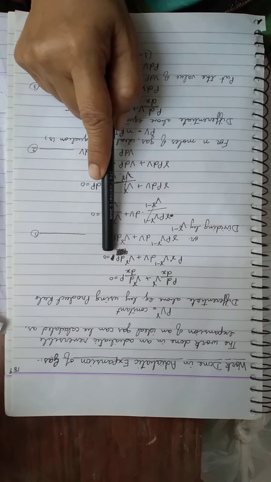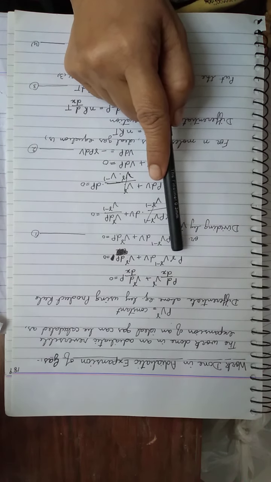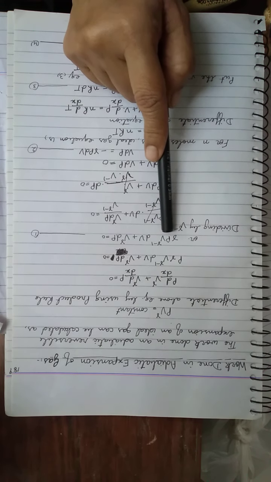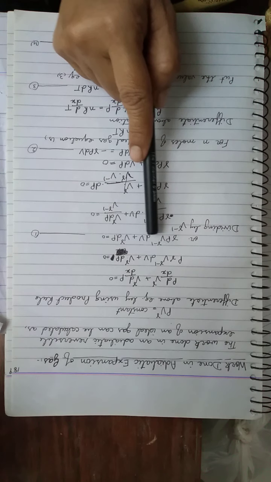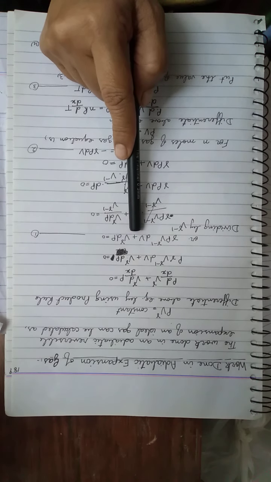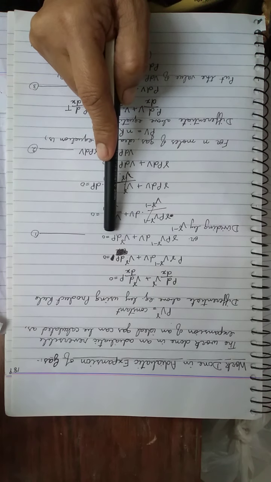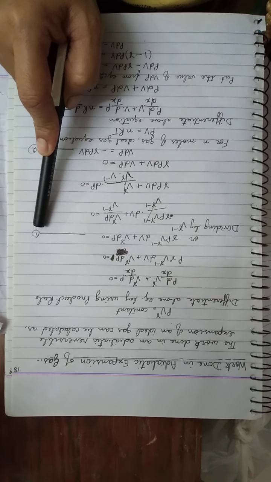This is equal to 0. Just rearrange this equation and bring this gamma here: γ P V^(γ-1) dV plus V^γ dP is equal to 0. Say this equation number 1.